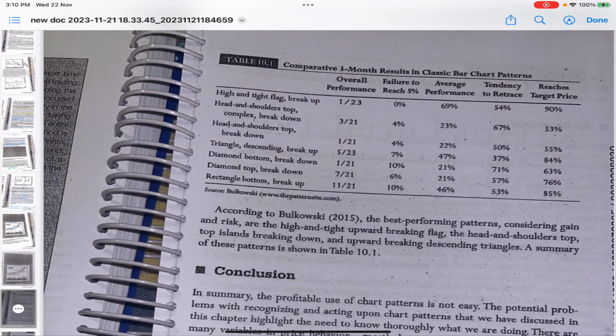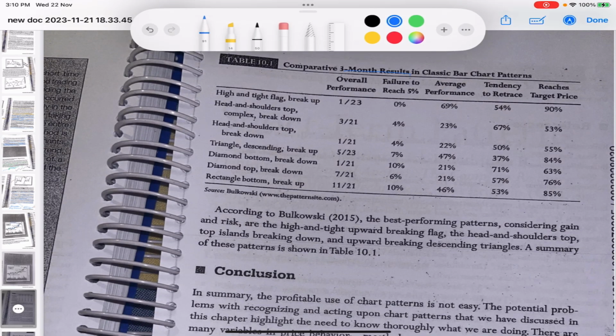So they have also given you results. They have head and tight flag breakup, head and shoulders, triangle, diamond top, rectangular pattern. They have also given you whether it's a break on the upside or a break on the downside. So you can see these, and these are the performances.